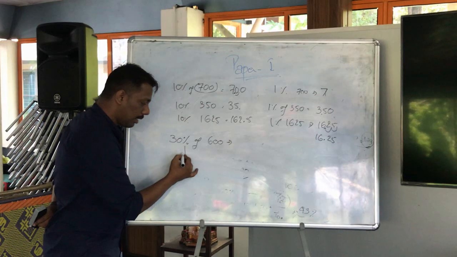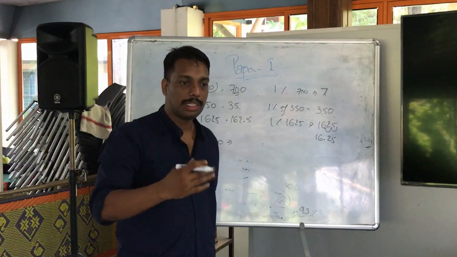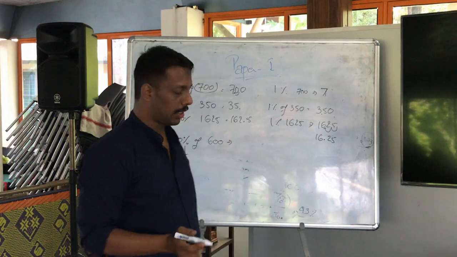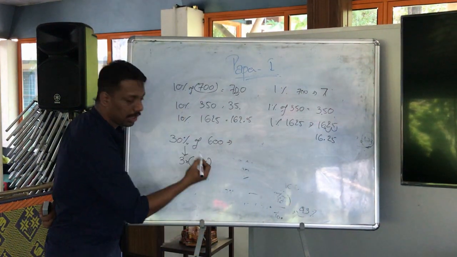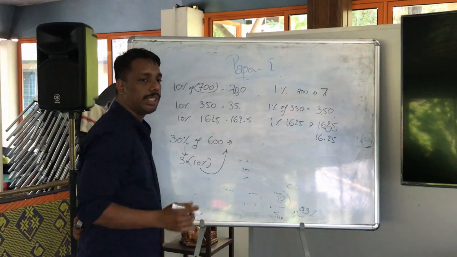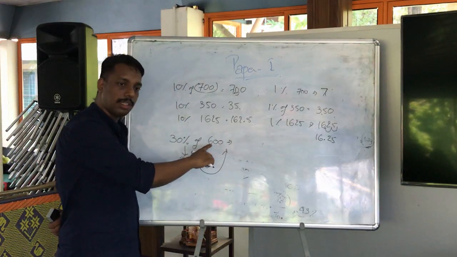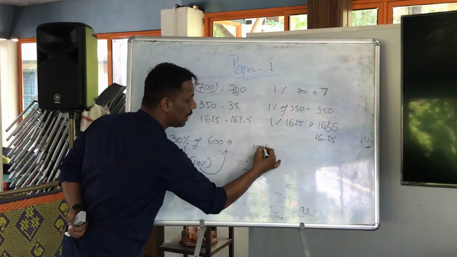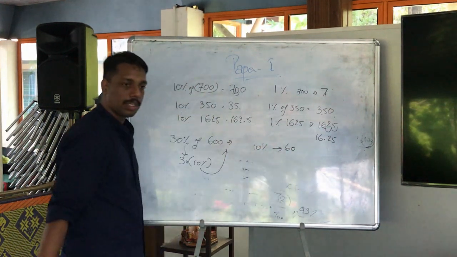Again, 30% is nothing but 3 times of 10%, right? You know very well how to find the 10% of a value. What is 10% of 600? 10% is 60, right?